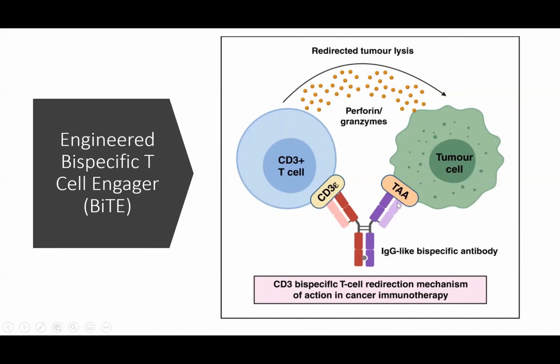On the other arm, it can bind with a certain tumor-associated antigen expressed by the cancer cell. So this BiTE, or bispecific engager, can bring both T cells and the cancer cells into close proximity, creating what we call an immunogenic synapse. And here T cells will start to release the perforin and the granzyme B and start to kill the cancer cells.